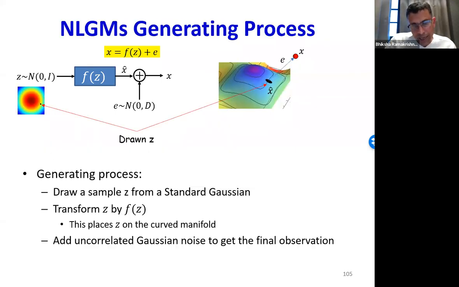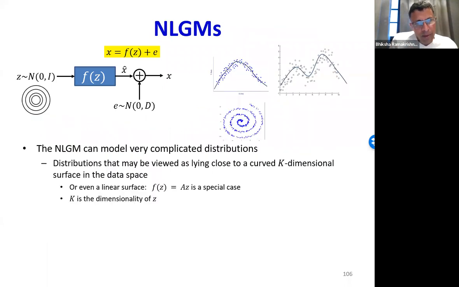So this is my actual generating process. It's a simple step from the linear Gaussian model. But because f of Z can now model all kinds of complicated curves, it can model very complicated distributions. Any distribution that may be viewed as lying close to a curved k-dimensional surface in the data space can be modeled by this, captured by this model.